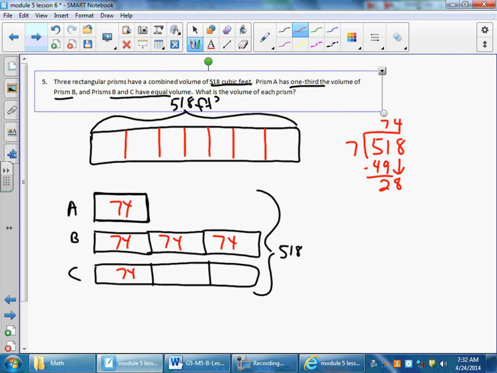That would give me a total of 518. The volume of each prism, well, A is easy. Volume of A equals 74 feet cubed. The volume of B is 74 times 3.